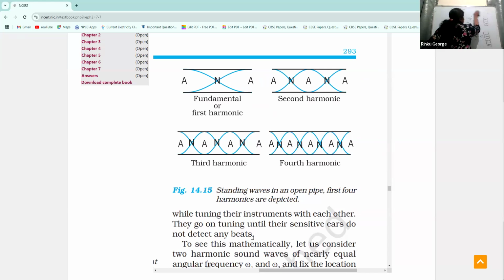I have shared in the group on WhatsApp. Complete that, okay? Next is normal modes in open pipe.